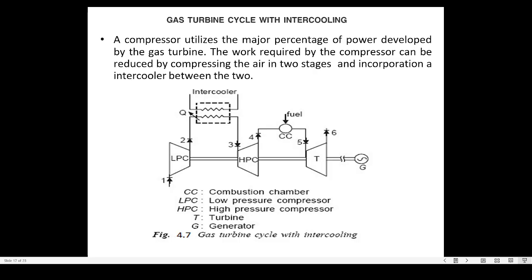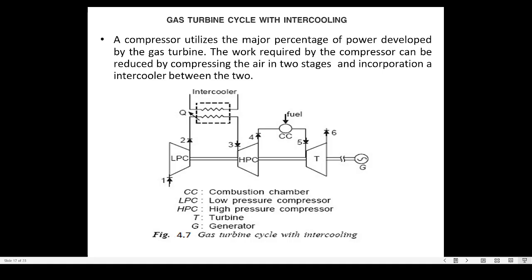In the discussion of the limitations or disadvantages of the gas turbine cycle, we have seen that 66% of the power developed by the gas turbine is used for operation of the compressor, isn't it? Two-thirds of the power is a big consumption for the compressor. So it is of interest to us to make an arrangement in such a way that the work required for the compressor can be reduced.